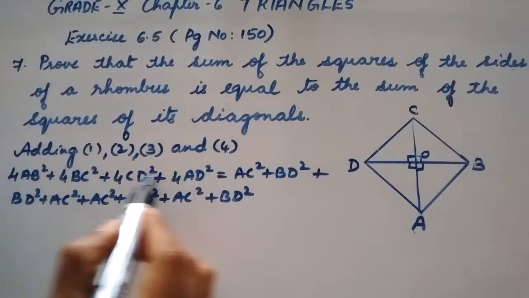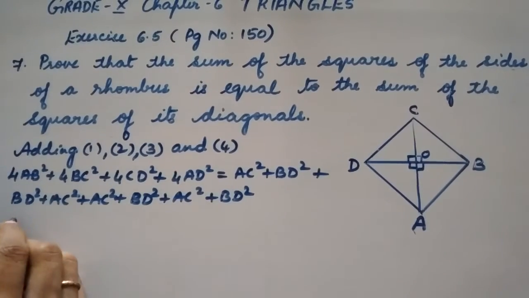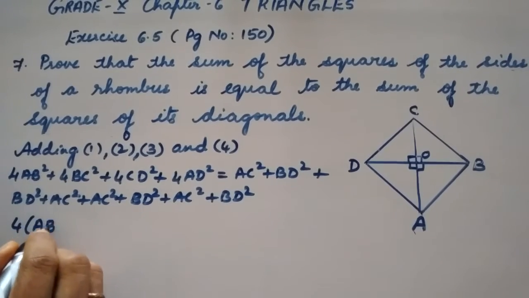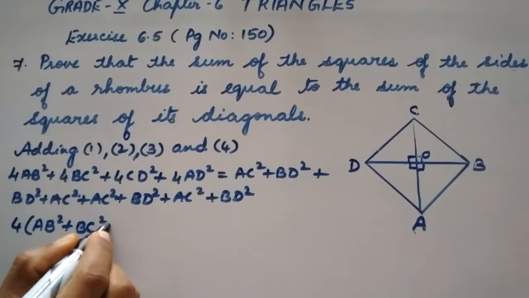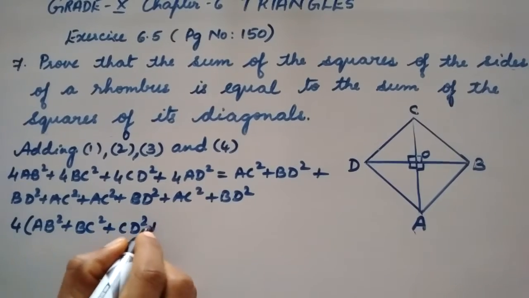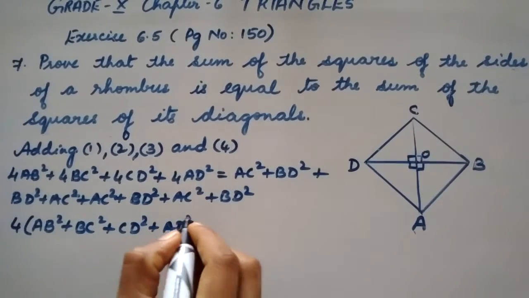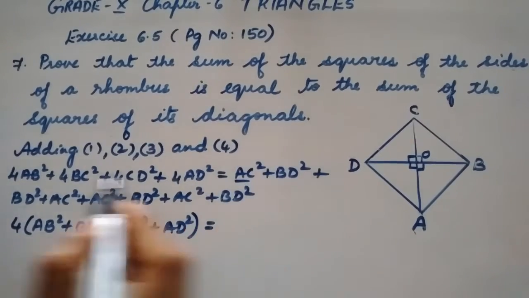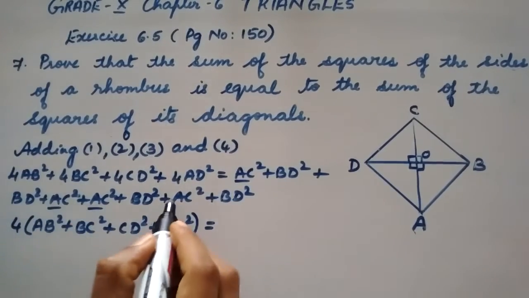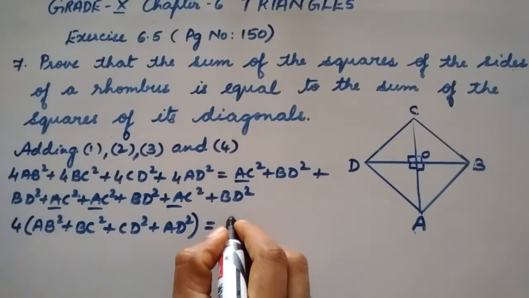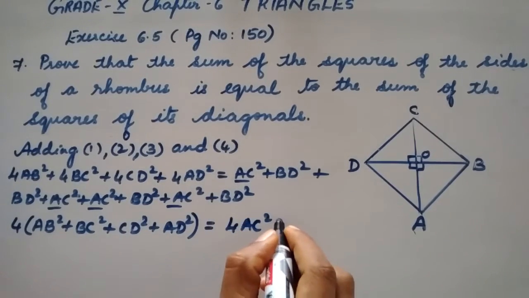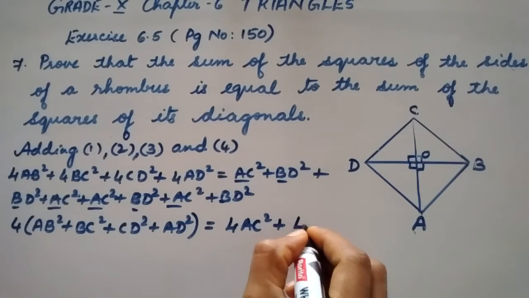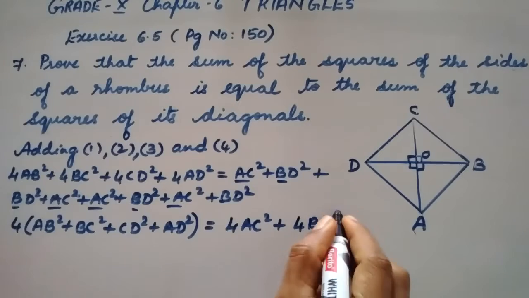So here in the left hand side we have 4 common. So let us take it out. And what is left inside? AB square plus BC square plus CD square plus AD square, which is equal to, we have AC square here, here and here. So we have altogether 4 AC square plus we have 1, 2, 3, 4 BD squares. So 4 BD square.